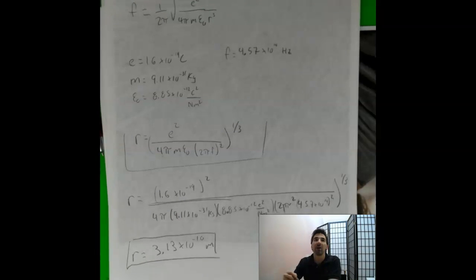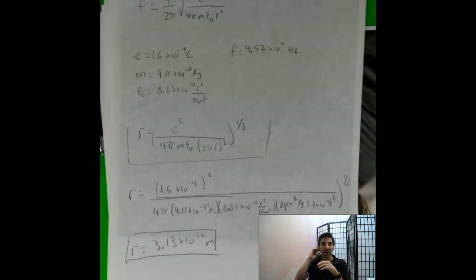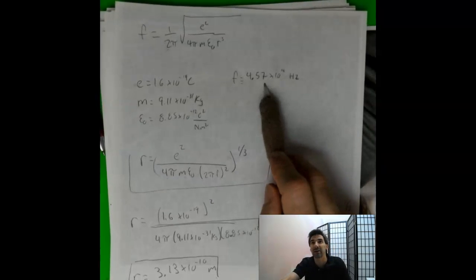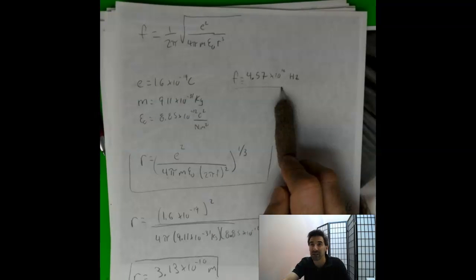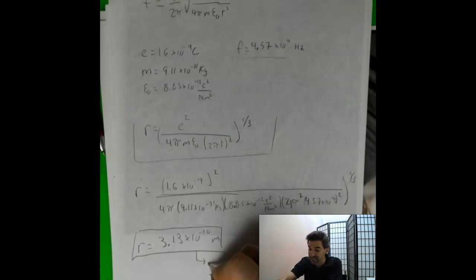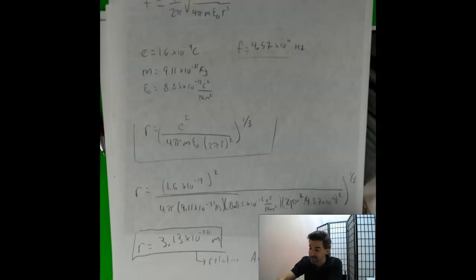Now, while that seems trivial, that actually shows you that the radius given by losing energy with a frequency somewhere in the red light spectrum gives us a relative atom size.